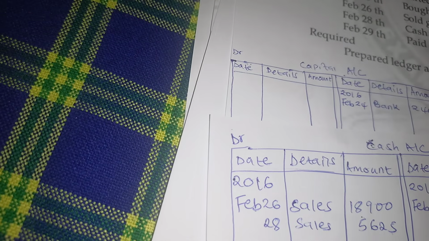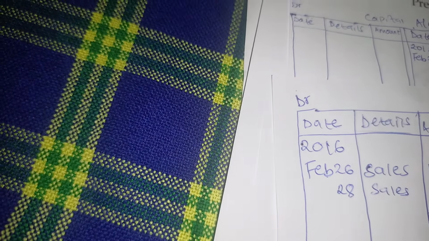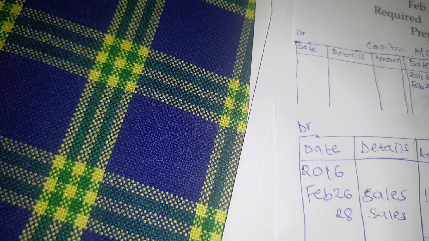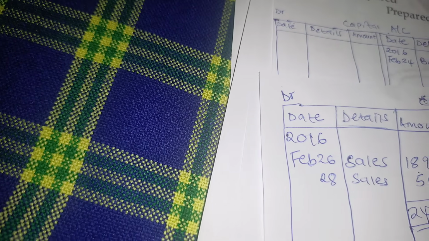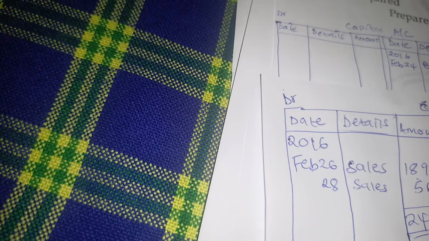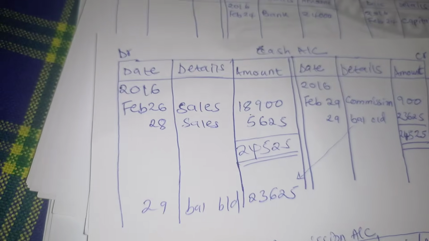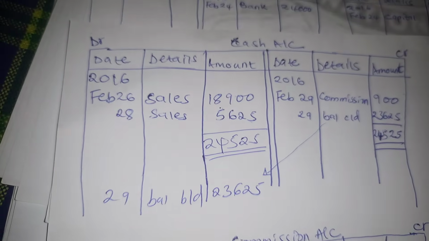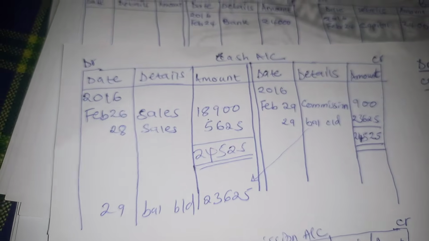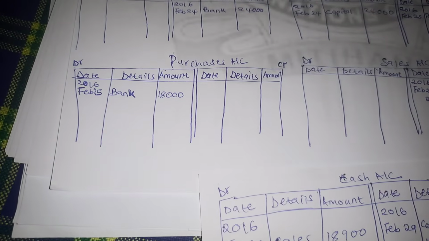And remember to always bring down the balance. This is on February 29. The balance brought down was 23,625. Next, go to the other accounts.